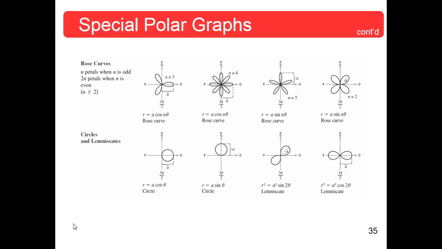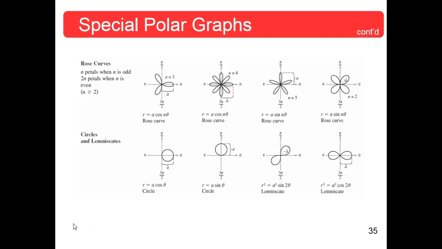Your max is a. And when your n is equal to 4, your a is on either the x or the y-axis. But when n is equal to 2 or 6, then you're going to be at the 45. You're not going to be at the max value on either axis.